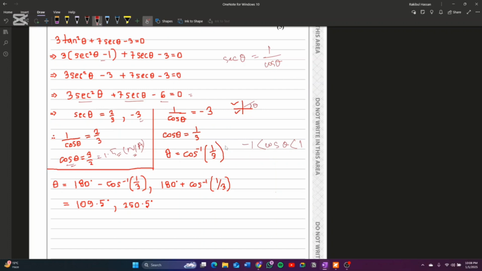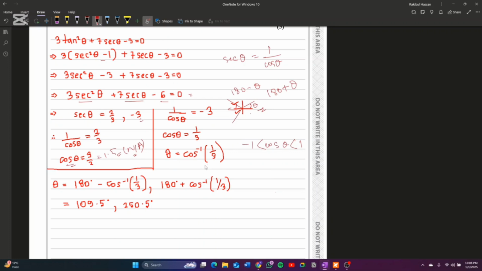Cos is negative in the second and third quadrants, and it's positive in the first and fourth quadrants. So since it's negative, we need to find the second and third quadrant values. For that, we can just do 180 minus the first quadrant value, and for the third quadrant value, we can do 180 plus the first quadrant value.